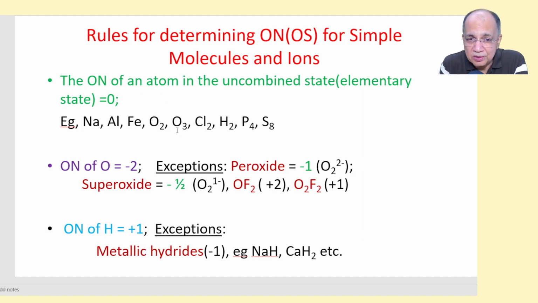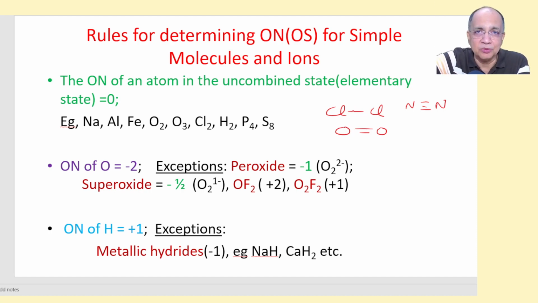Even if it is covalently bonded, for example chlorine, the atoms are the same. Oxygen, nitrogen, they're the same. So if there is a breaking of this bond, the electron pair is not going to go to one atom. Each one will take back its own electron, and I'm showing a very interesting arrow.